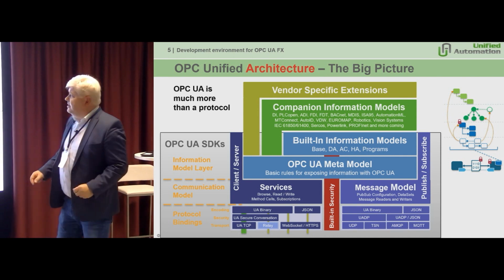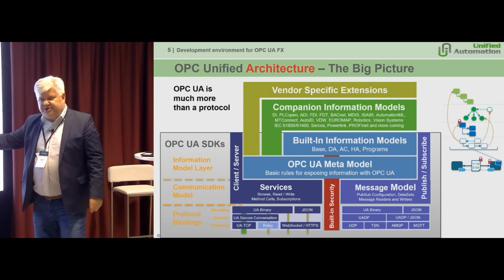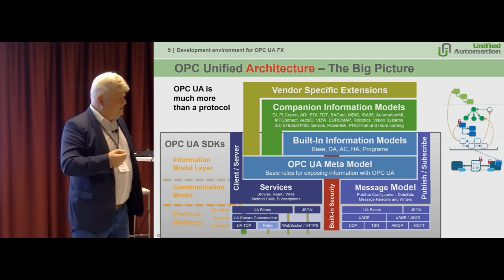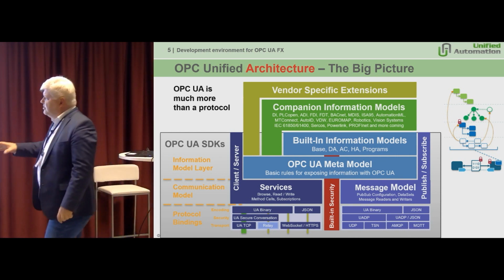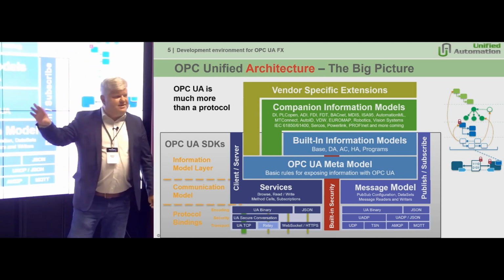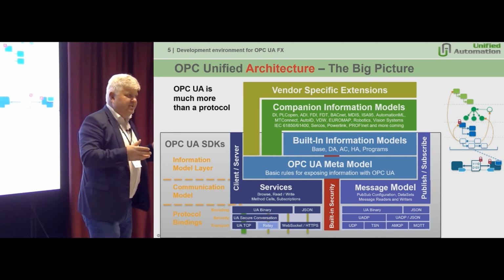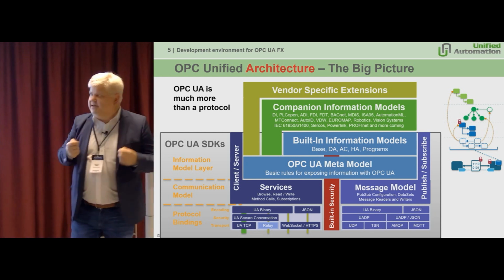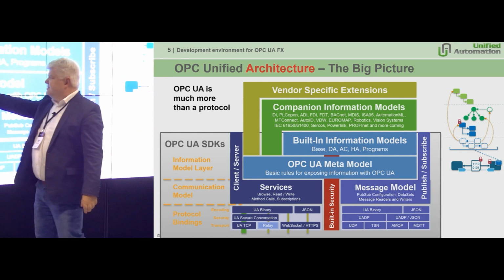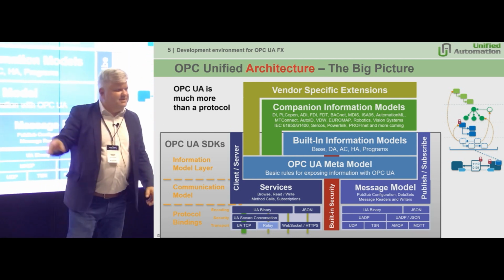Then we added in the OPC UA picture, like 5-6 years ago, the PubSub functionality. A completely new communication pattern, but that still fits in the overall architecture. The basic idea is that you really work on this information model here.